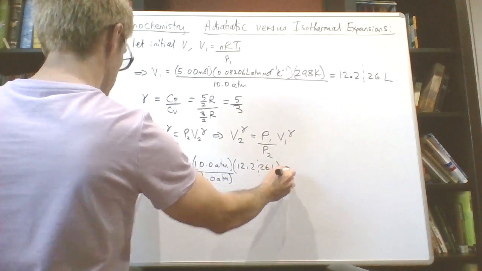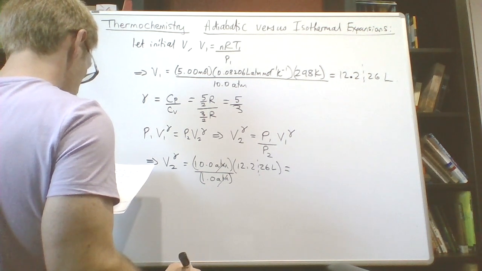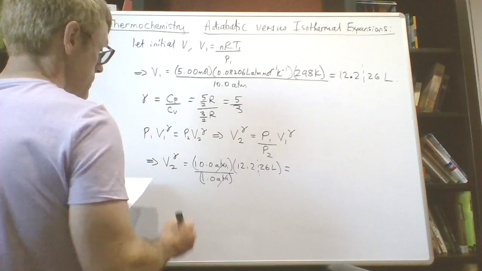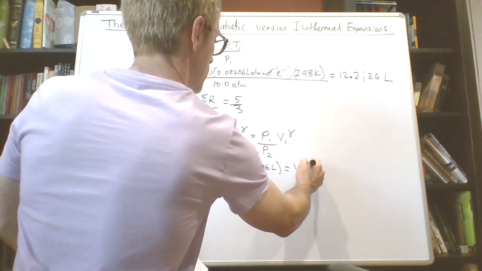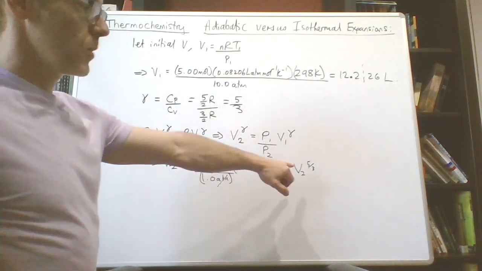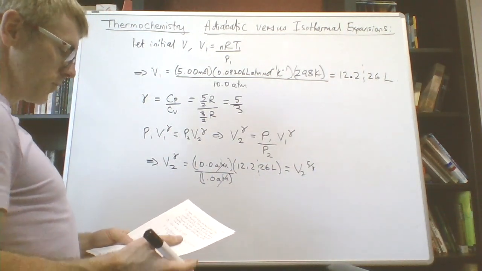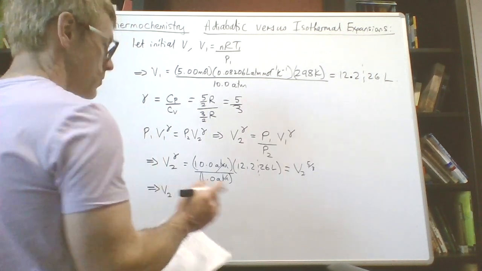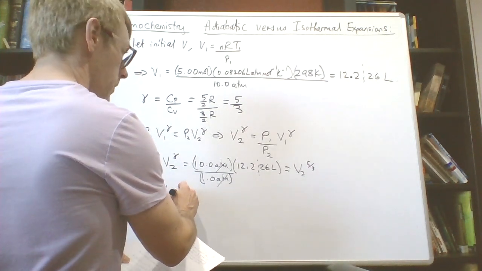12.226 liter. So our atmospheres cancel, and first of all, this is equal to V2 to the 5/3 power, right? This is V2 gamma, which is V2 to the 5/3 power. But I just want V2. I don't want V2 to the 5/3 power.